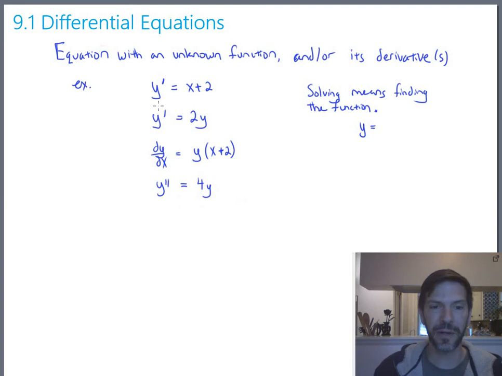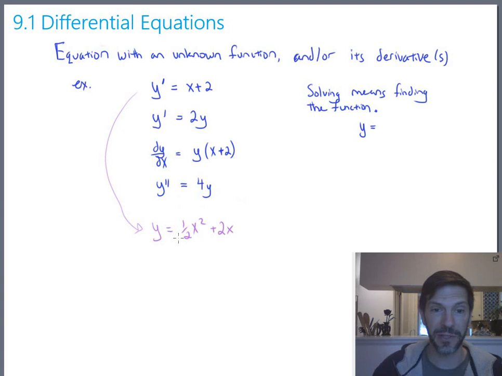Some of these aren't too hard to solve. Maybe you have an intuitive idea already. The first one says some function's derivative is just x plus 2. You might have an idea that the function is 1/2 x squared plus 2x.